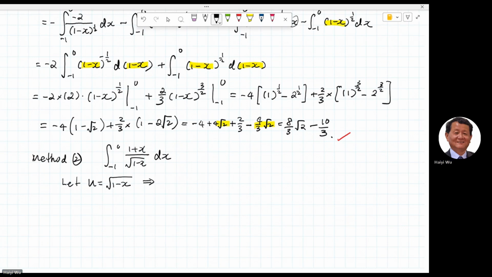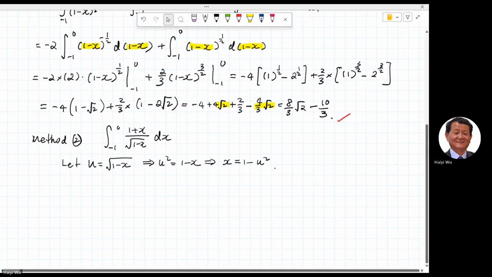So then we're going to say u squared will be 1 minus x. So therefore, x will be 1 minus u squared. All right, so this is the first one.